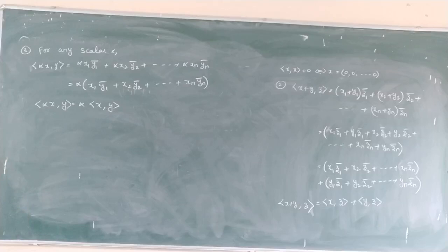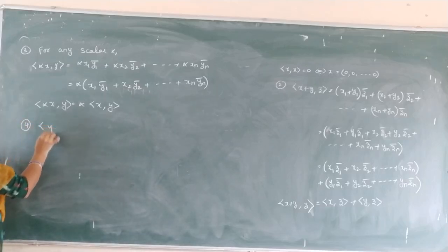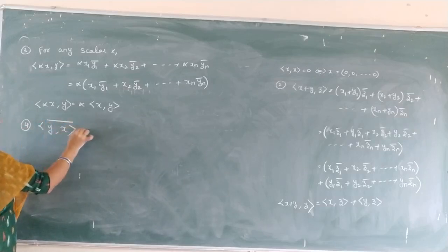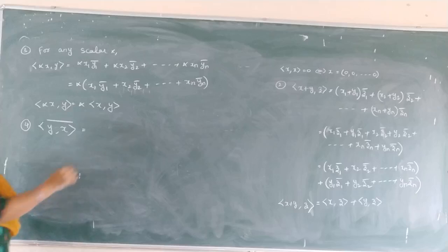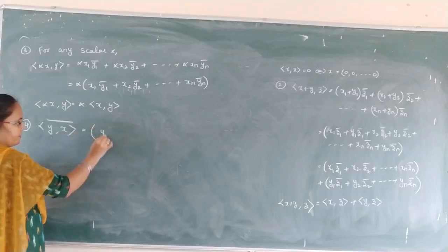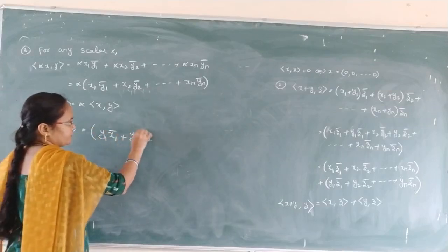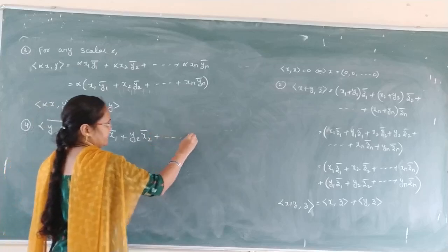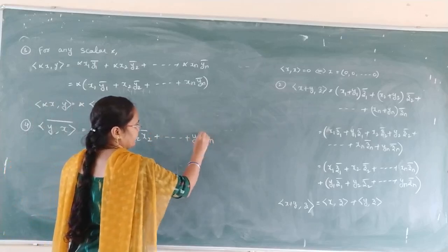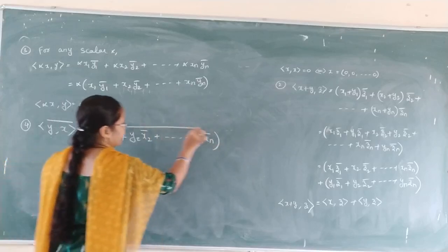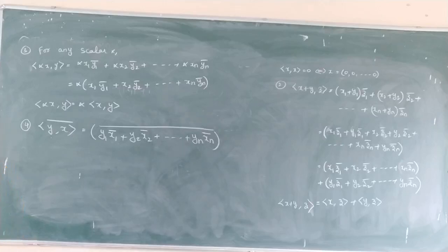Now the last one for the inner product space, that is the inner product of y comma x whole bar. So y comma x is nothing but y1 x1 bar plus y2 x2 bar plus so on plus yn xn bar, whole bar. Here we have to apply the bar separately to every term.